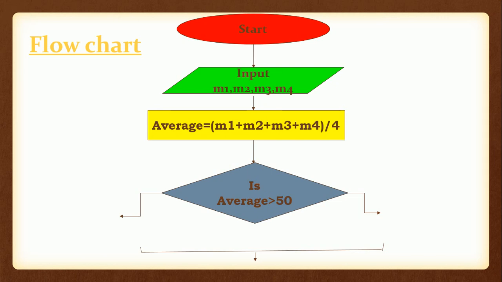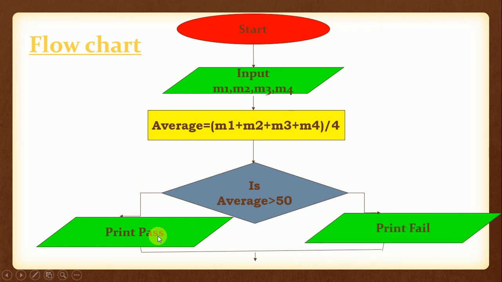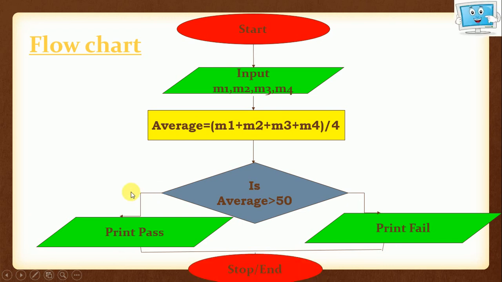So we have to decide what should be the output if the condition is true and what should be the output if the condition is false. So in this case, if the average is greater than 50, if the condition is true, it will print pass, and if the average is not greater than 50, it will print fail, and after that it will stop. So here you can mention true and here you can mention false for a better understanding.